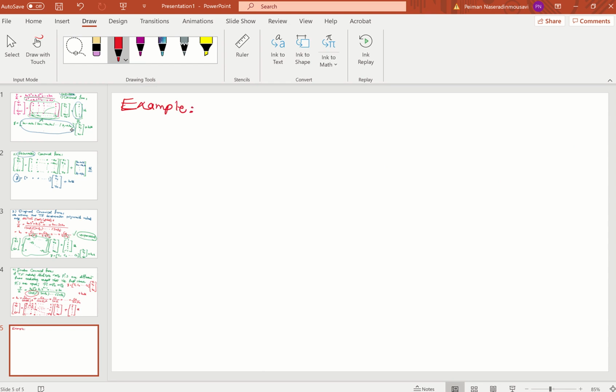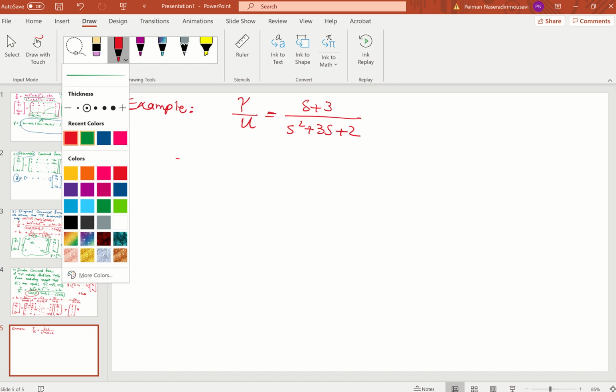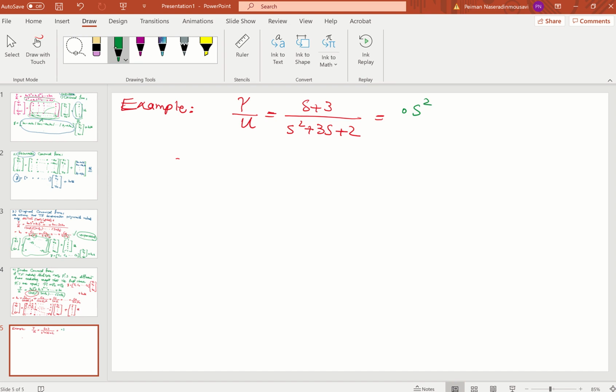Okay, suppose you have this transfer function, output over input, is s plus 3 divided by s squared plus 3s plus 2. Obviously you can write it as 0s squared plus s plus 3 over s squared plus 3s plus 2.